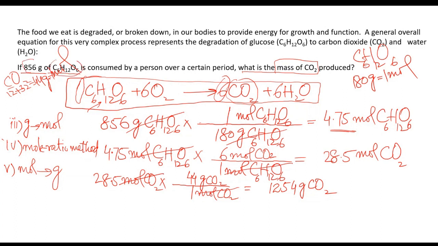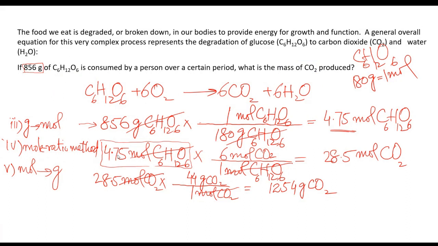What do we have given? We have glucose. So how many moles of glucose here? 1 mole. That's why. Boys, look. In the mole ratio method, you will use this equation, only this equation.